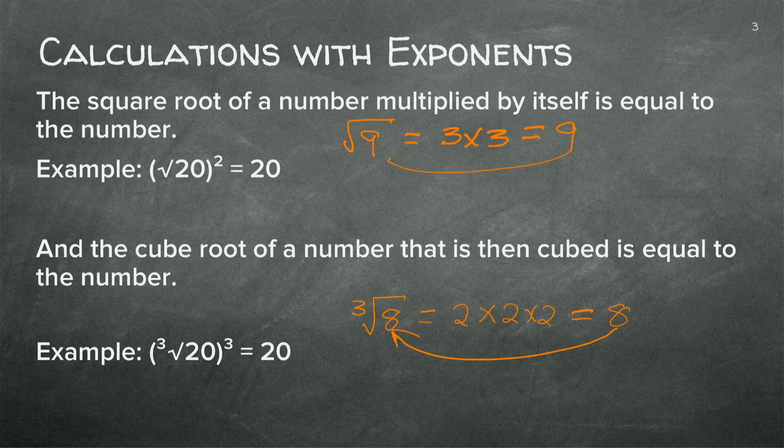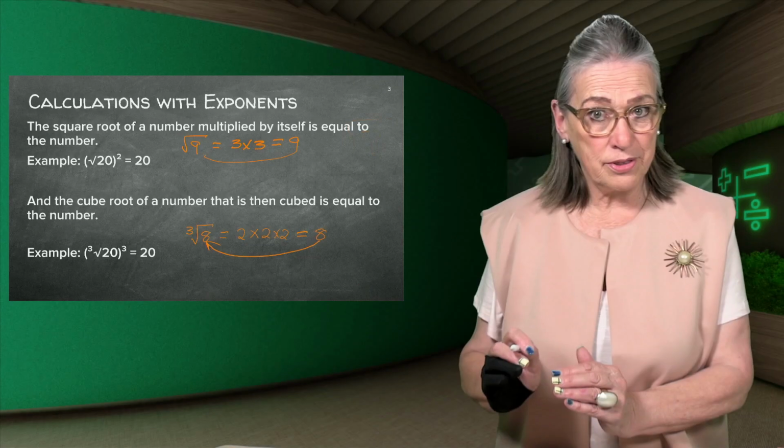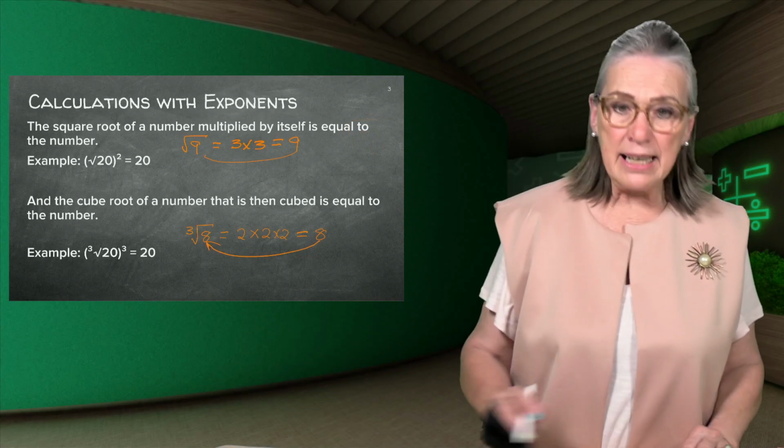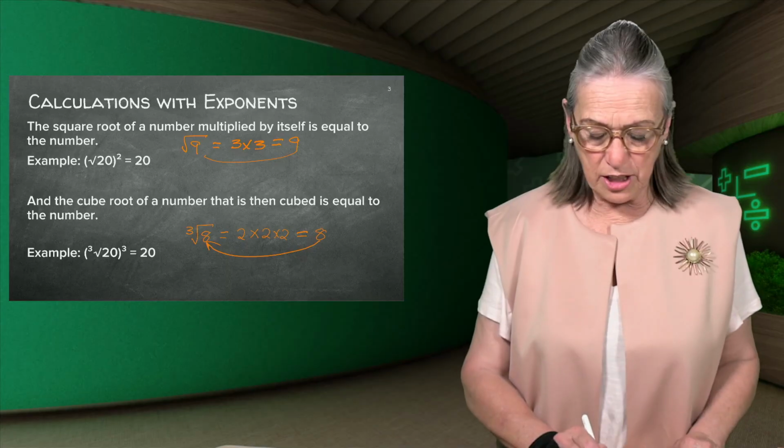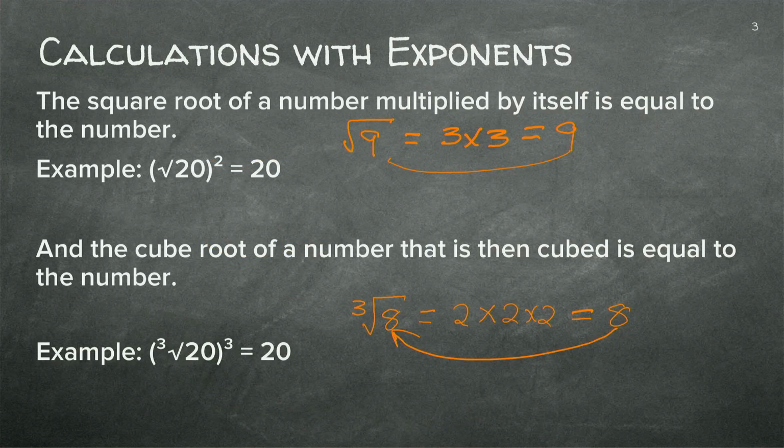Okay, right, so if that is true, then they can give us any number here, and they can ask us, for example, the cube root of 20 squared. So we know, you don't have to do any calculation, we know that it is 20. Because that is true, we know that this is true.